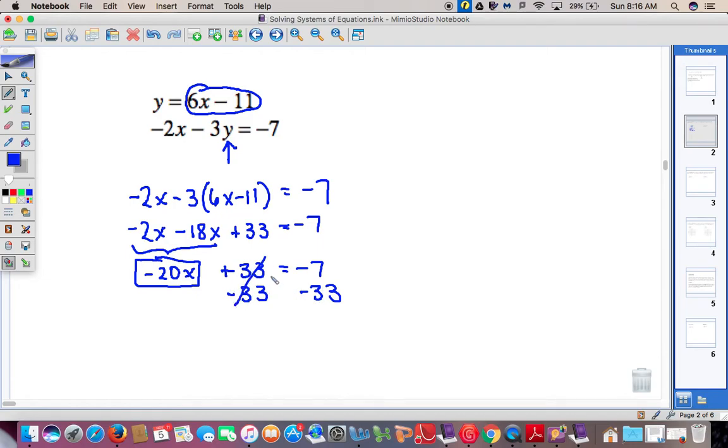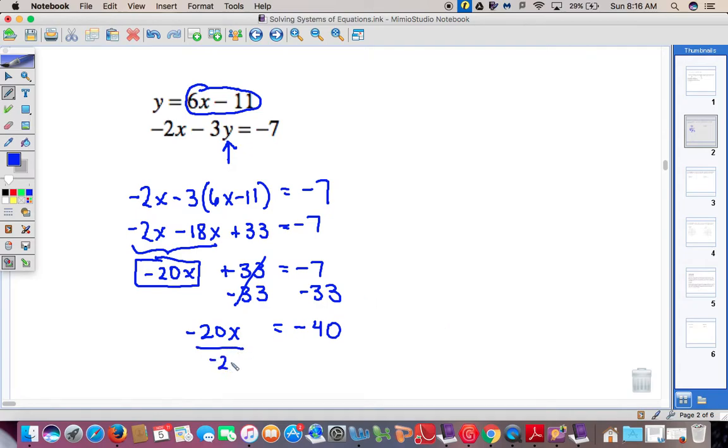That will allow the positive 33 and the negative 33 to cancel each other out, giving me just a 0 on my left side. So I have negative 20x equals, and negative 7 minus 33 is negative 40. So I have negative 20x equals negative 40.